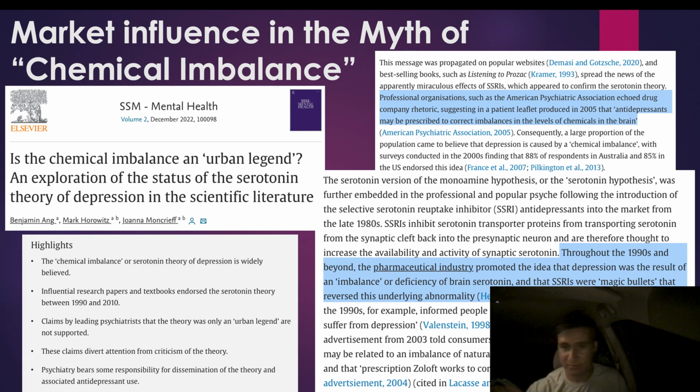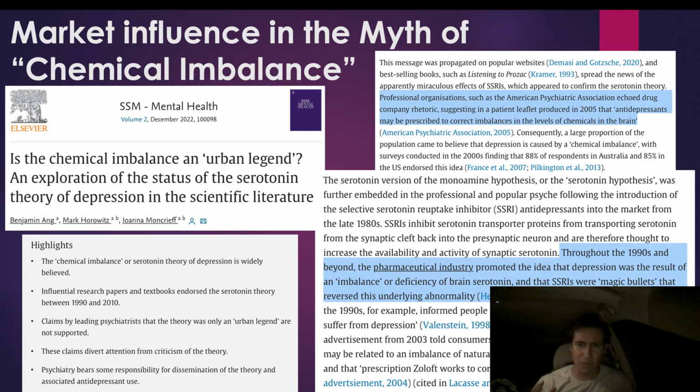Despite this, the APA as well pushed corporate propaganda from a leaflet, literally a small pamphlet, that antidepressants may be described to correct imbalances in the levels of chemicals in the brain.